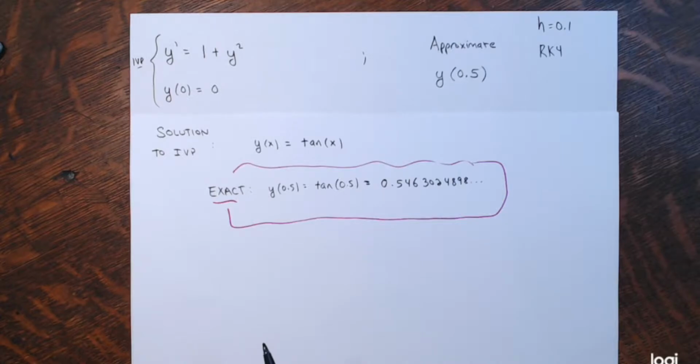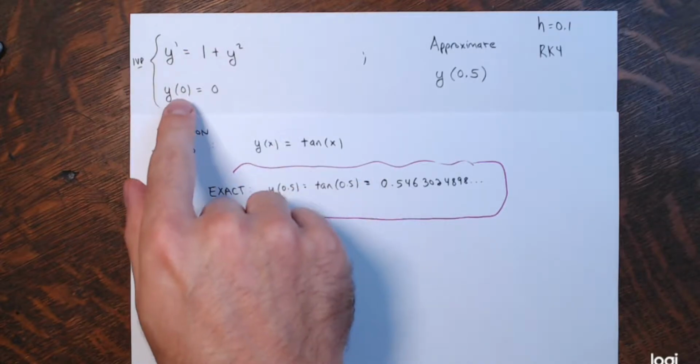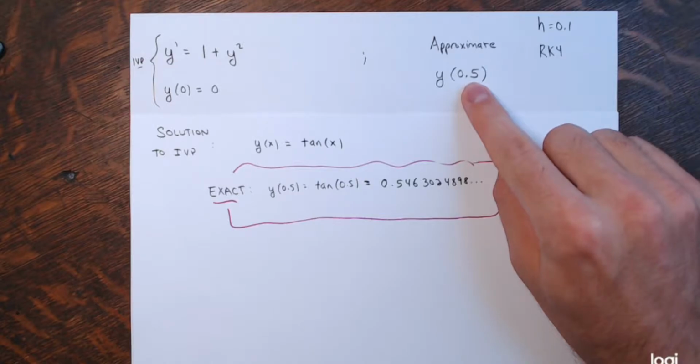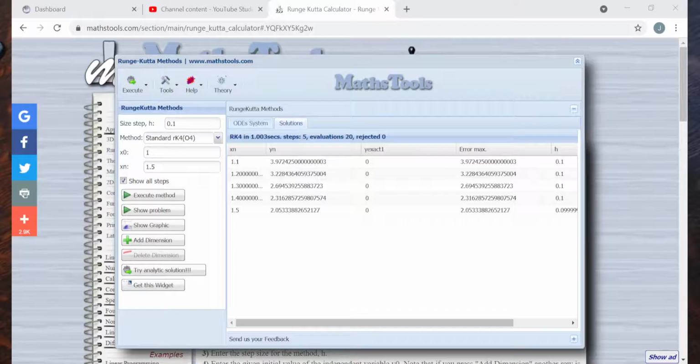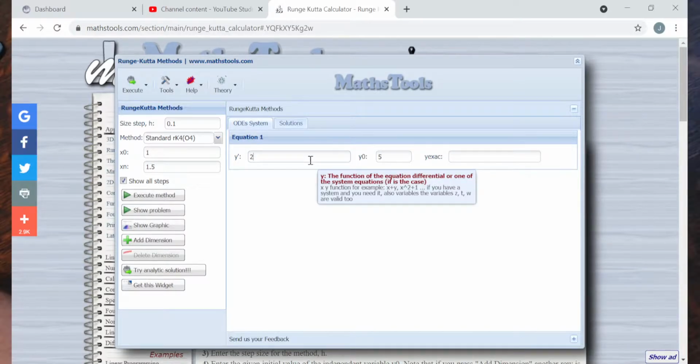Now let's see how good this RK4 method is. All right, so again, I'm just going to enter this differential equation, the initial condition, and I want to end at 0.5, and h equals 0.1. So let's go back to that website and to this ODE systems here, ordinary differential equation systems, and then y prime equals 1 plus y to the second power, with the caret for raised to the power.